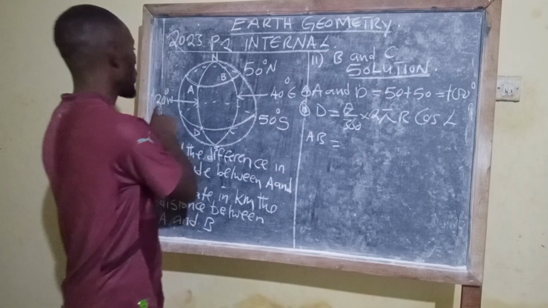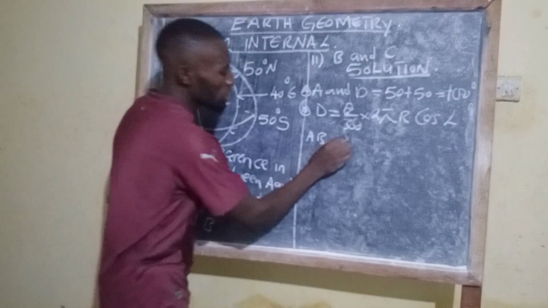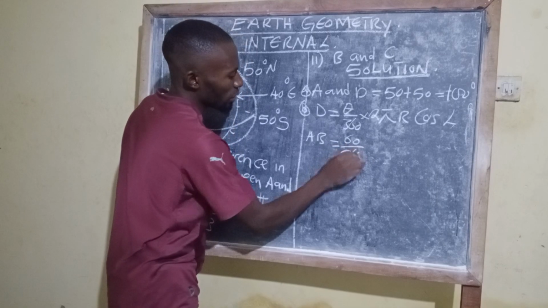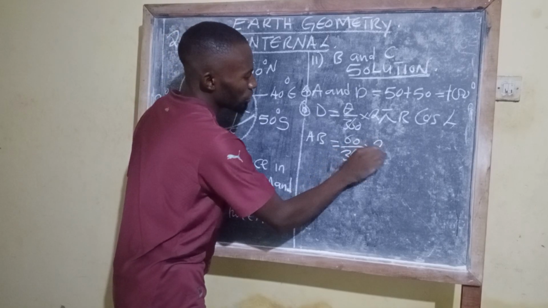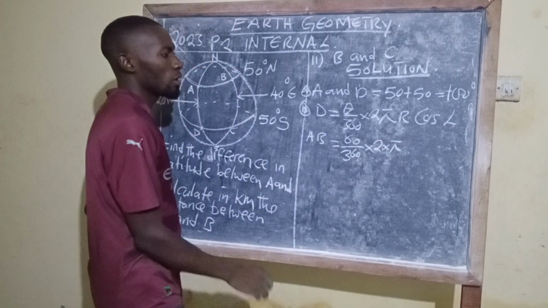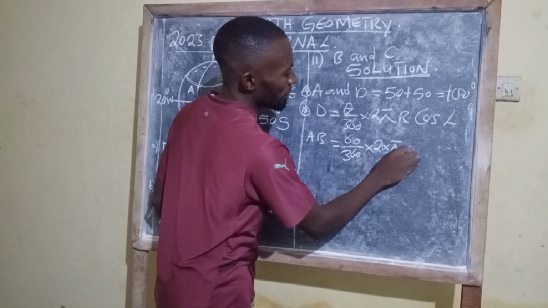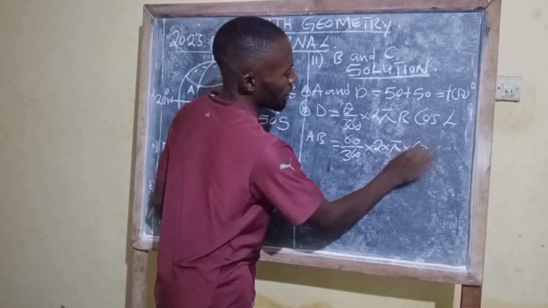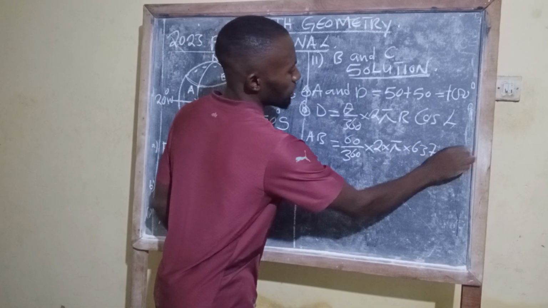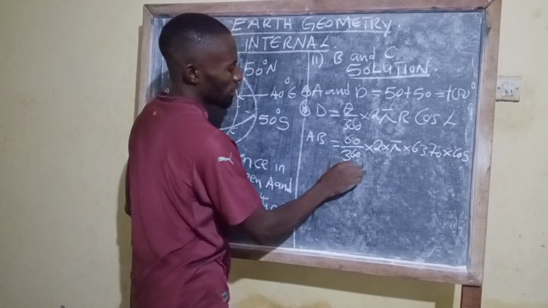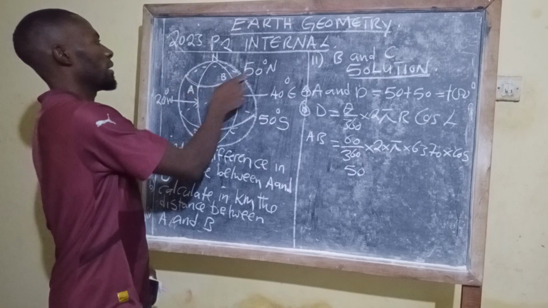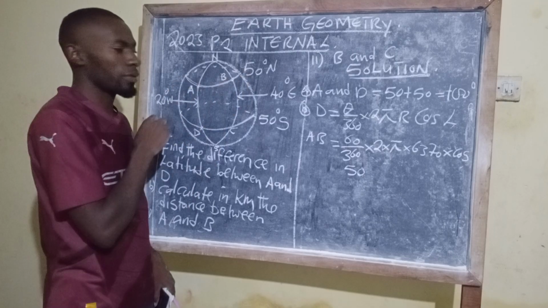We have 20 plus 40, which gives us 60, over 360, multiplied by 2, times pi, which is 3.142, times the radius, 370, times cos L. What is L? L is 50, which is where the 50 is coming from.